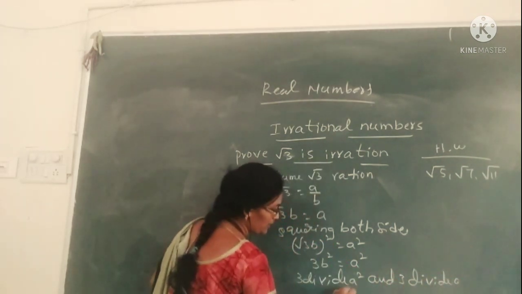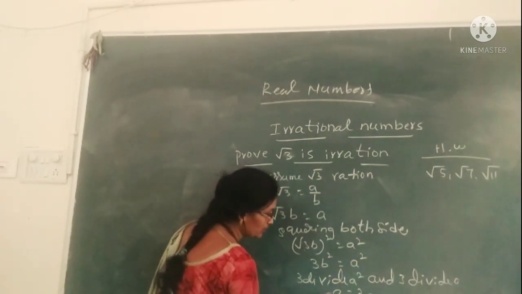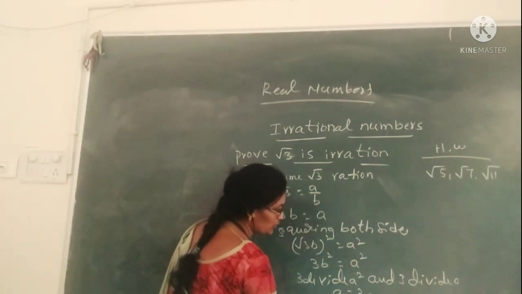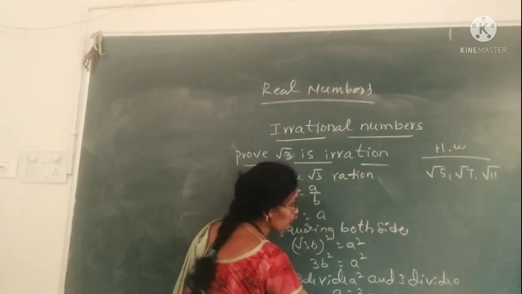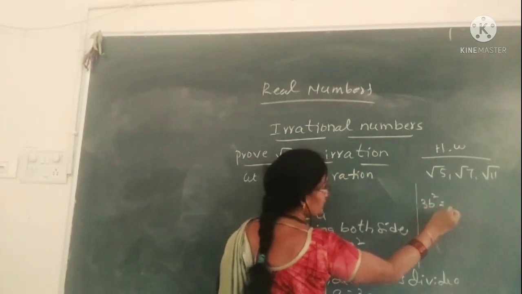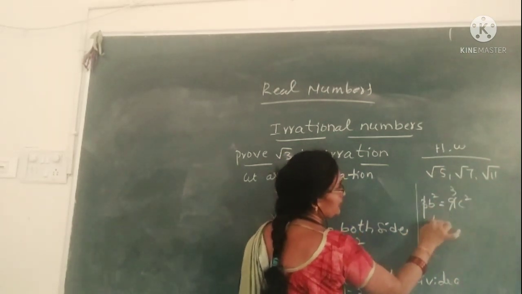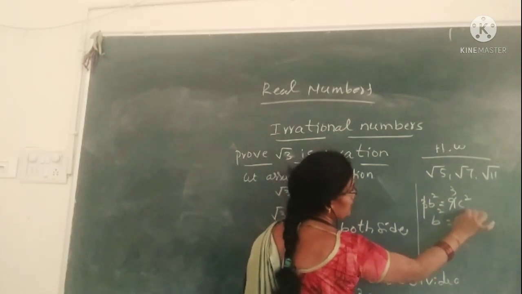So take a is equal to 3c. Substituting the value of a, 3b² is equal to (3c)². So 3b² is equal to 9c². Then b² is equal to 3c².